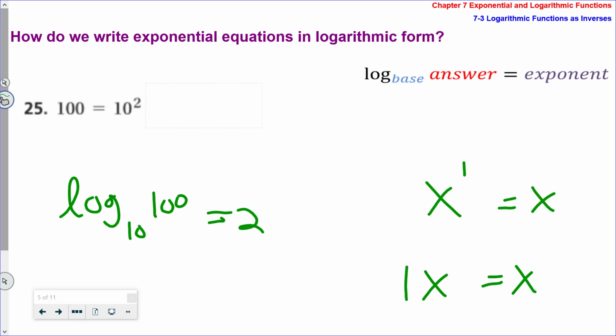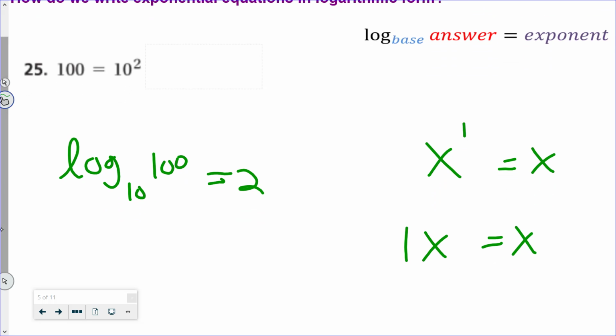When you have the base of 10, you don't have to write the 10. The universal log is always 10. So you could just write log 100 equals 2. So if you don't see the base, that means the base is 10.